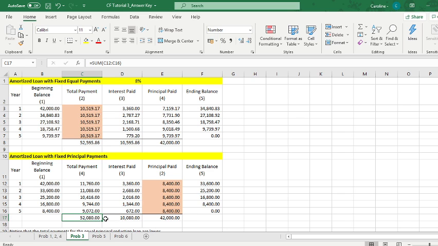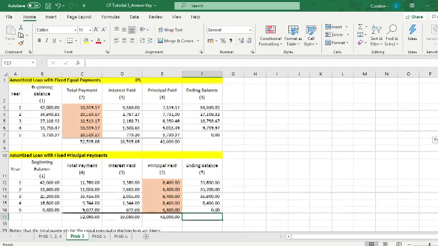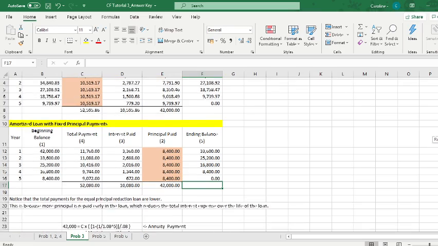This can be found either by adding the total payment up, or you can just find it by adding the total interest paid and the total principal paid. So from these two amortized loan tables, we know that the fixed principal payment will allow you to pay less than if you use the fixed equal payments, right?